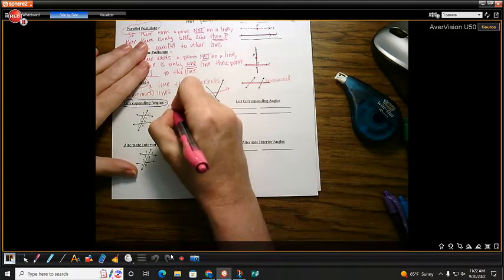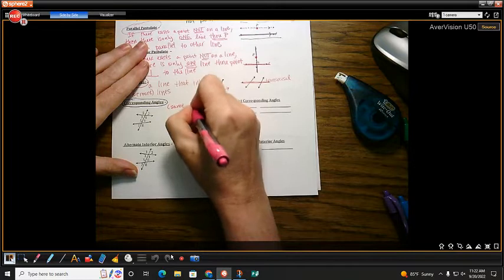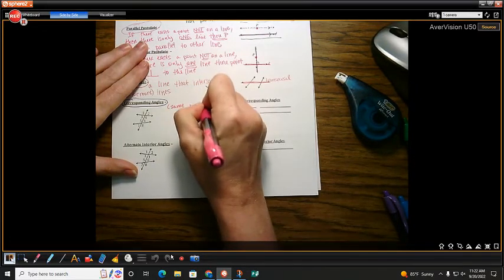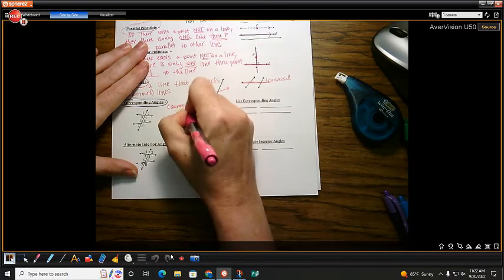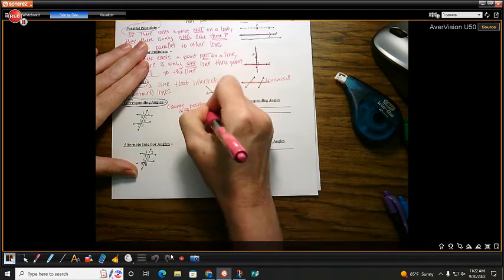The first relationship is corresponding angles. I'm going to give you the basic idea first, and then we'll get the fancy math definition. Corresponding angles are in the same position at different intersections.